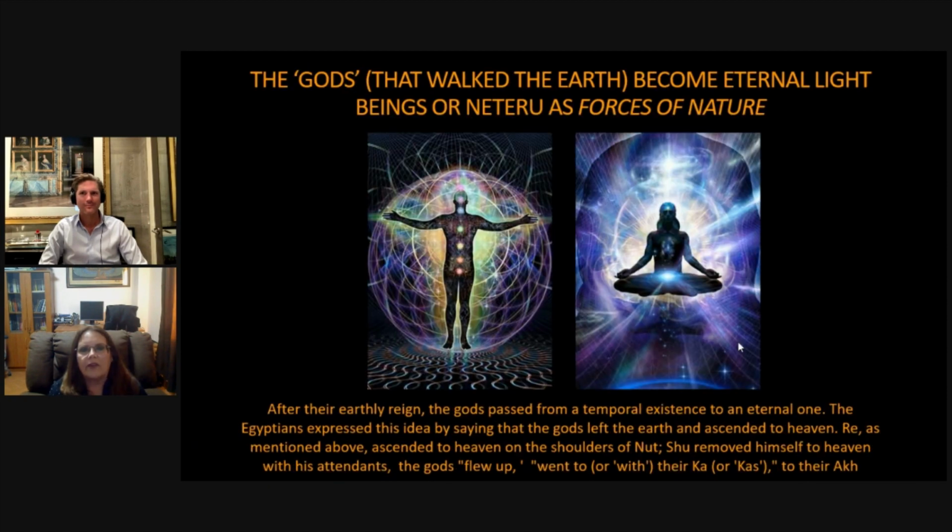Incredible. So the gods that walk the earth become eternal light beings, or Neteru, as forces of nature. I keep saying gods, but we were the forces of nature, meaning we could shapeshift. We could present ourselves in any way we wanted to. We still do this today, but it's not as spontaneous.